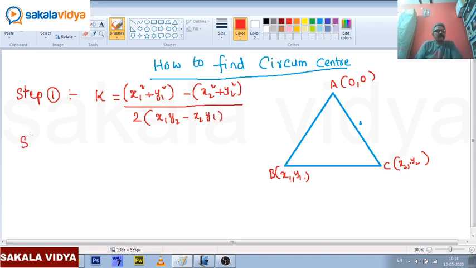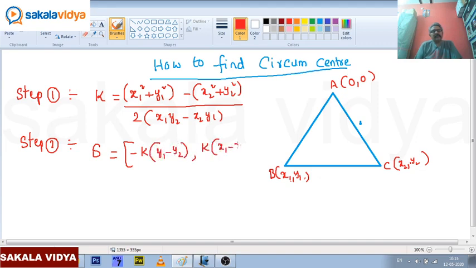After that, step 2, the circumcenter S is given by the formula: (-k times (y1 minus y2), k times (x1 minus x2)). That's all. You will get the circumcenter.